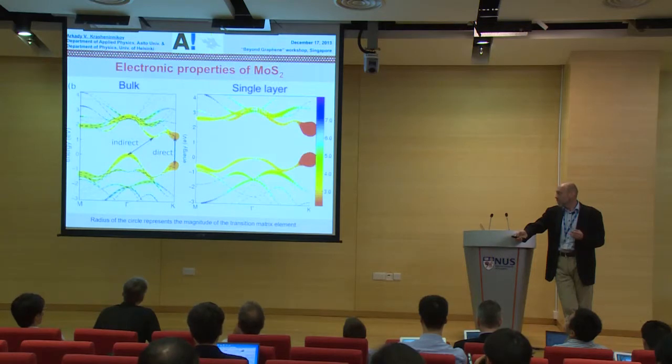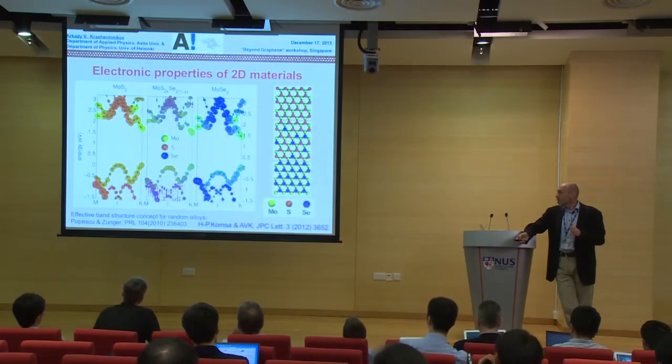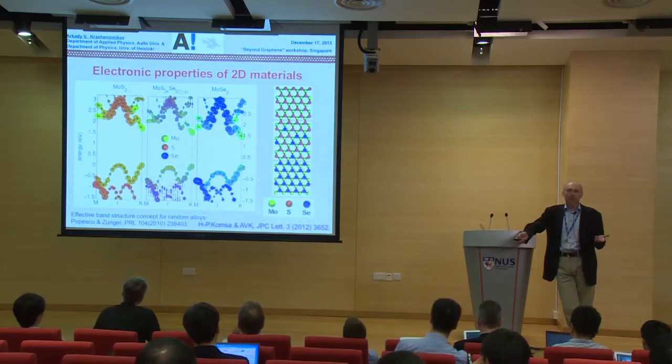So what are electronic properties? I don't have to repeat once more that single layer molybdenum disulphide is a direct gap semiconductor, contrary to bulk materials. But now let's calculate the band gap for these random alloys. It's not a trivial thing, because we know that the band structure works in principle for periodic systems, and here we have no periodicity.